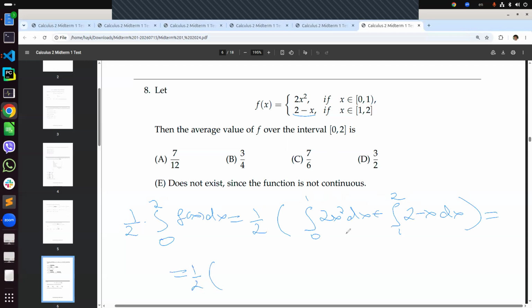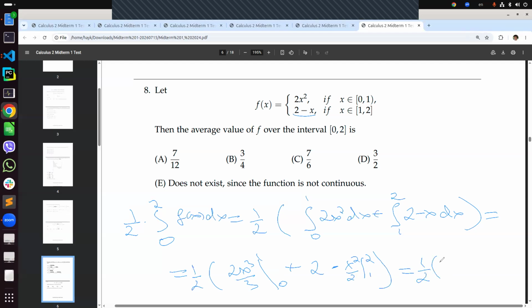One half, the integral of 2x squared gives 2x cubed over 3 from 0 to 1. And plus the integral of 2 minus x gives 2x minus x squared over 2 from 1 to 2.